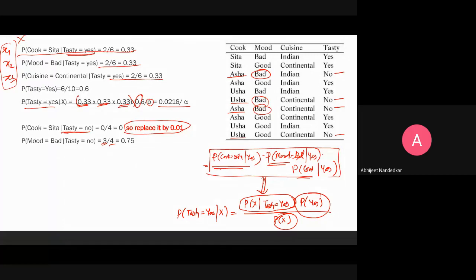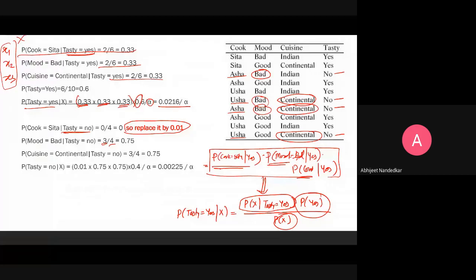So 0.75 is the probability. Then I go to the next variable with taste equal to no, that is cuisine is continental. So in the third variable, when there is no taste, you check. It says continental, continental, continental. So whenever we prepare continental, food is not tasty. So 3/4 is the ratio. So it will be 0.75.